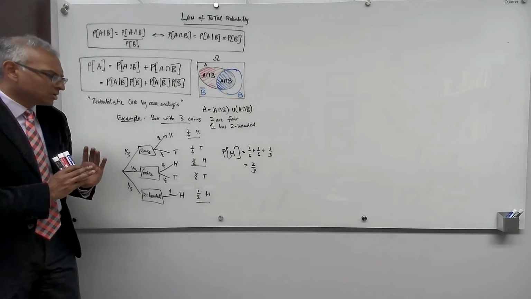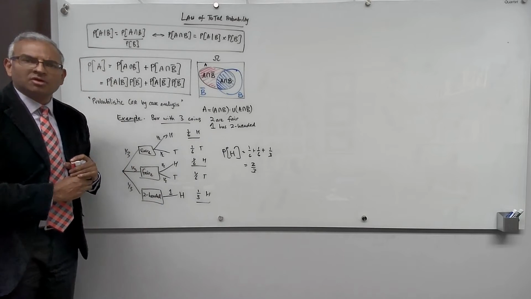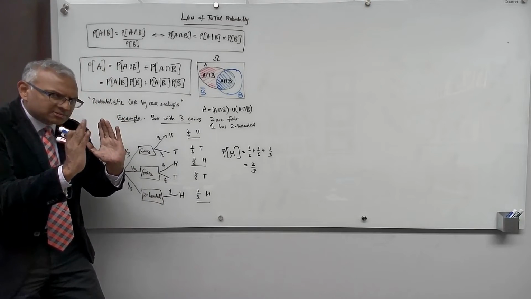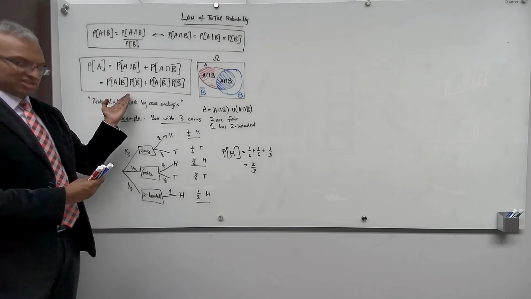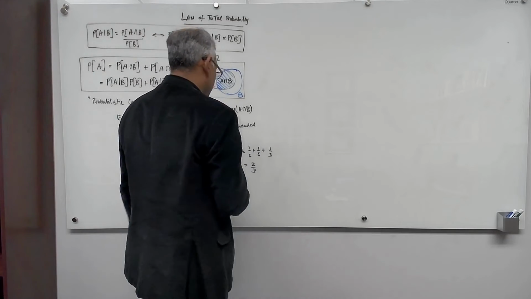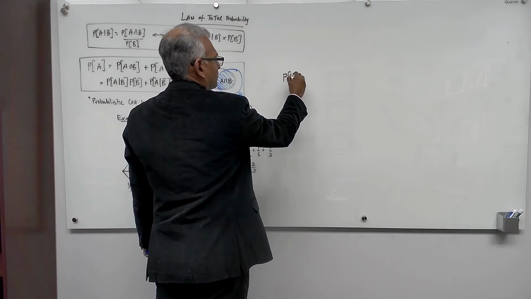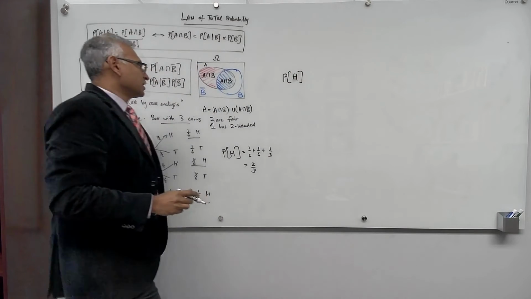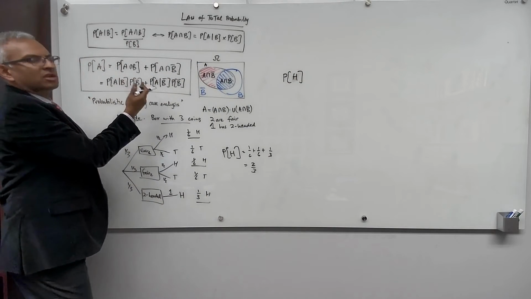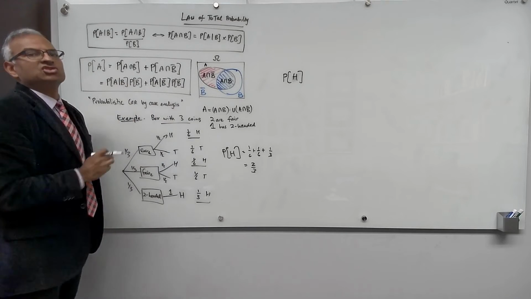Now let me show you how we can easily compute this number without all this sophistication of the outcome tree. The outcome tree always works, but we're going to try to compute it now using the law of total probability, just to illustrate it. So using the law of total probability, we are interested in the probability of heads. And we can consider 2 cases, so you can think of this as case-by-case analysis. Either B happens or B does not happen.